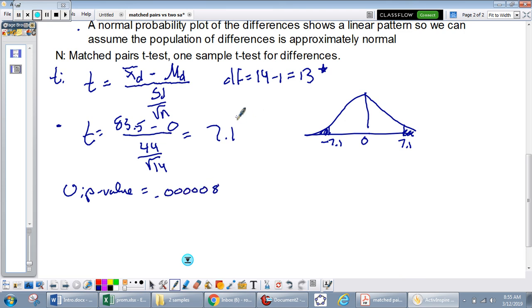What alpha level? What type of error would we be fine with? It's not that big of a deal if we say males spend more than females when it's different when it's not, so we use 0.05. So this is less than 0.05, so we do reject H0.